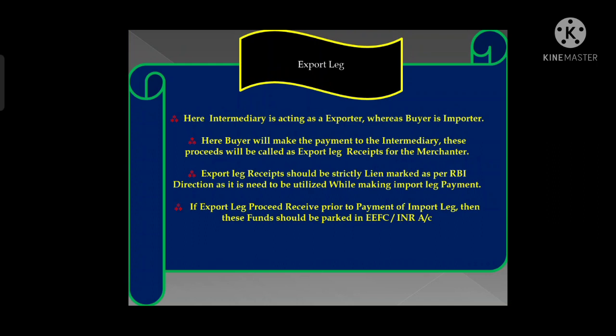Means if the export leg receipt is in advance, then at the time of the import leg payment that amount will be unlien, the import leg payment is made, and the balance is transferred to the intermediary account.